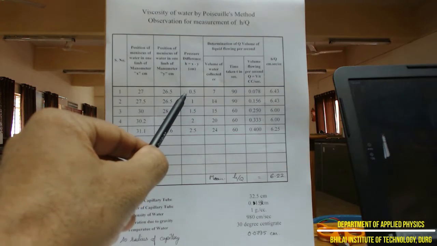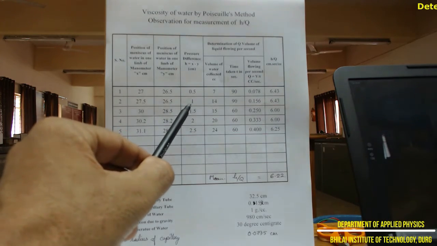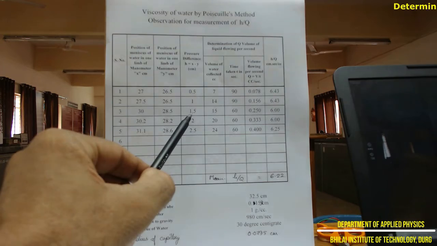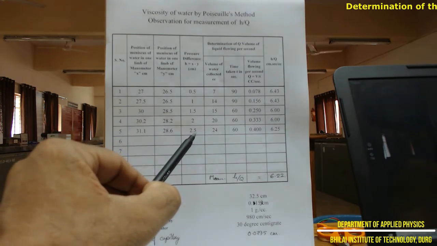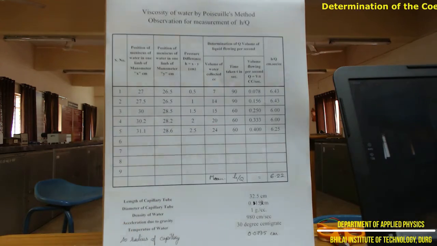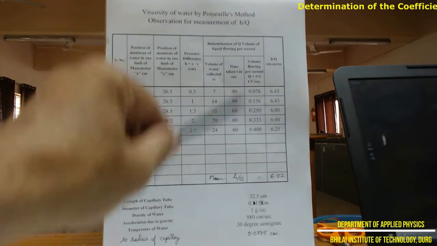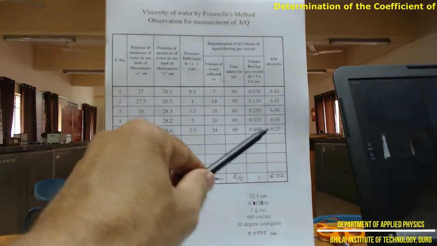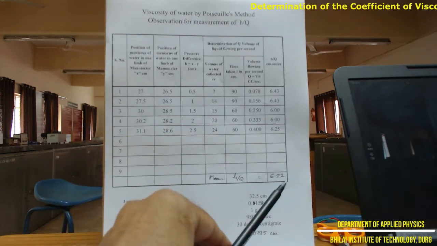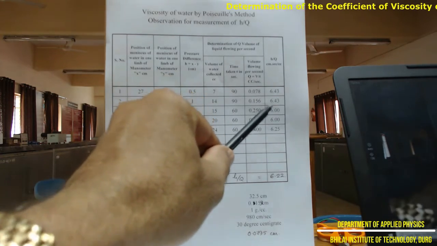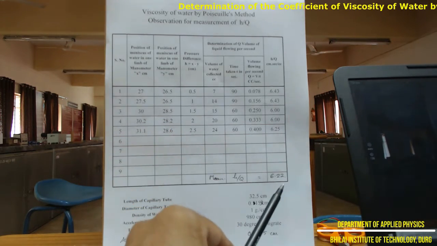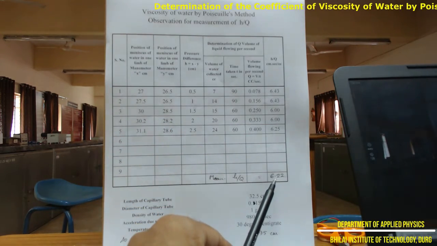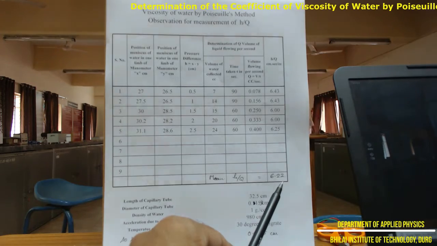First time it was 0.5 centimeter, for the second reading 1 centimeter, for the third 1.5 centimeter, fourth 2 centimeter, for the fifth reading 2.5 centimeter, and so on. By all these readings we get different values of h by q, and ultimately we add all these 5 h by q's and divide by 5 to get the mean h by q, which is equal to 6.22.